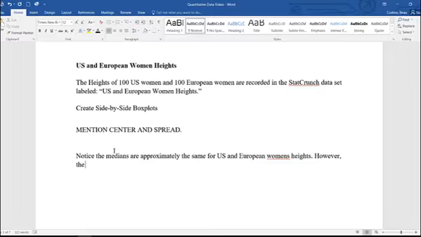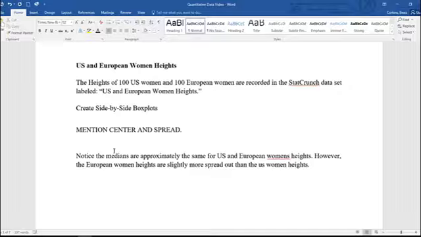However, the European women's heights are slightly more spread out than the US women's heights.